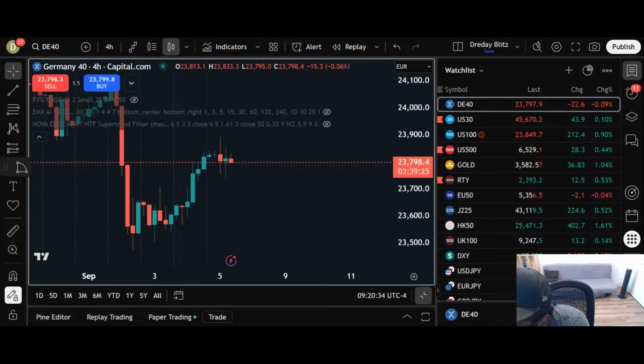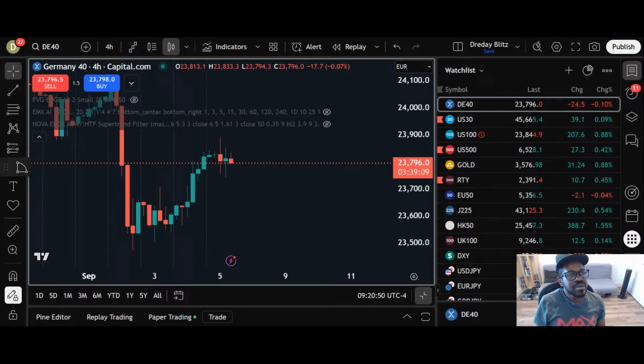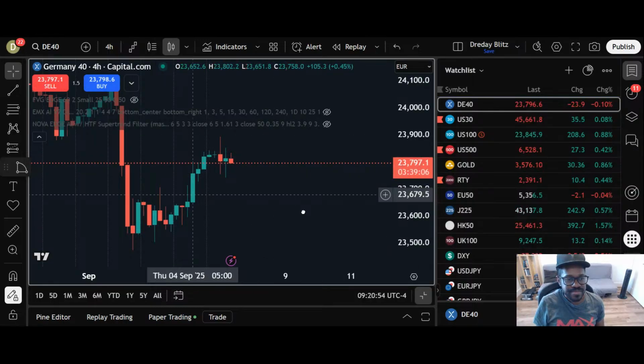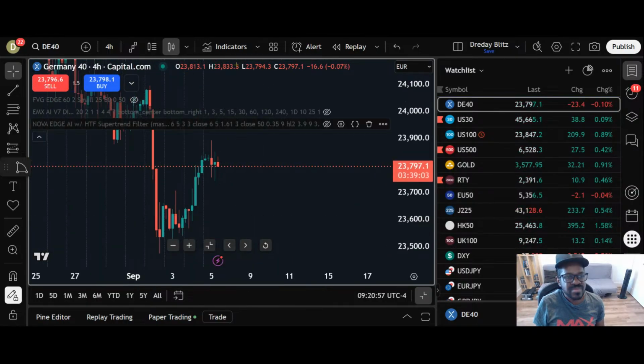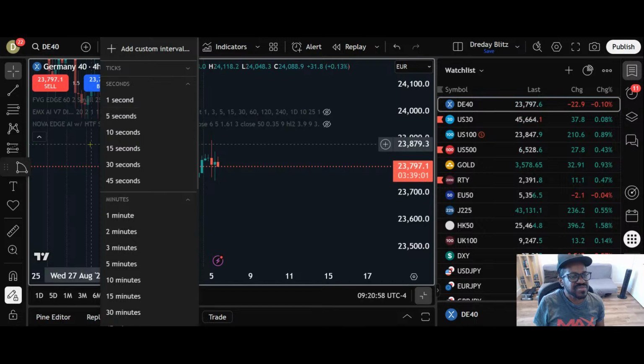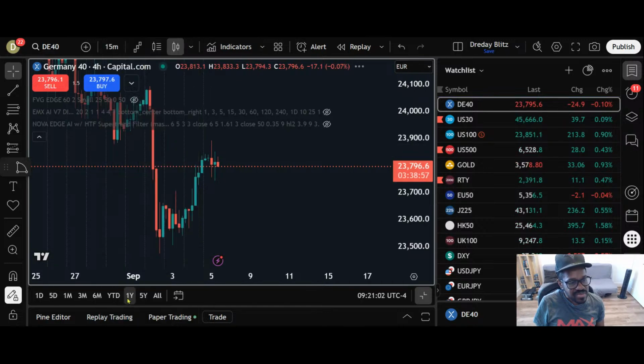Please check German 30 high low indicator on 15 minutes. Okay, now you're looking at a high low level. On the 15, it seems to be looking for a sell right now.